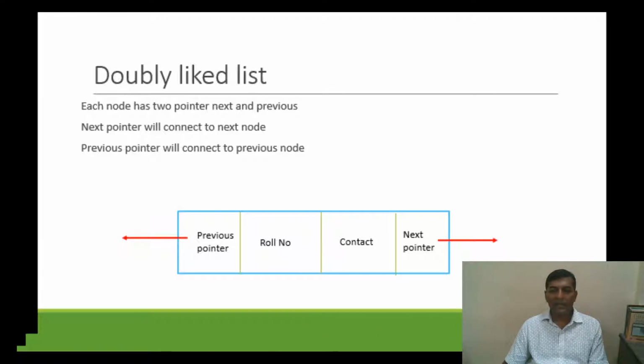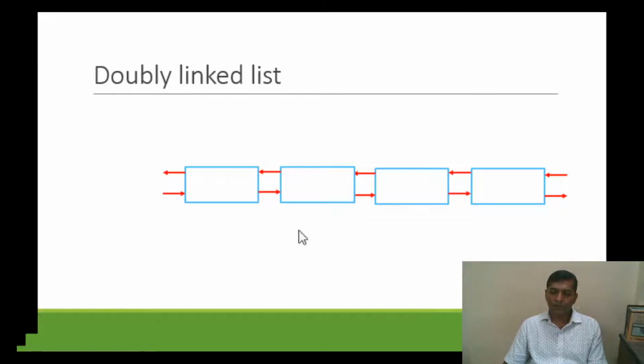Then a linked list will look like this, where every node has a next pointer and a previous pointer. The next pointer is connected to the next node and the previous pointer will connect to the previous node in the list. This is how every node will have two pointers, one previous and the second next, to get connected in the list.